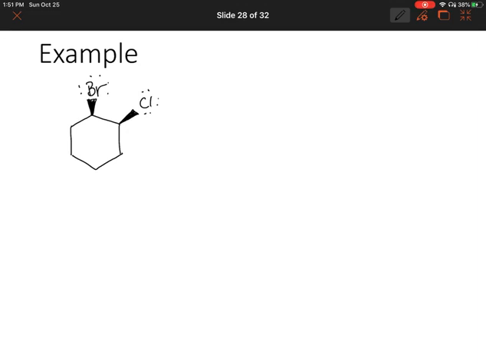And we're going to compare this to another molecule. Okay, so the first molecule, bromine and chlorine are both wedges. And in the second molecule, bromine and chlorine are both dashes. So I would like you to try to name these two molecules. And then when you're done, you can unpause the video and we'll go over it together.